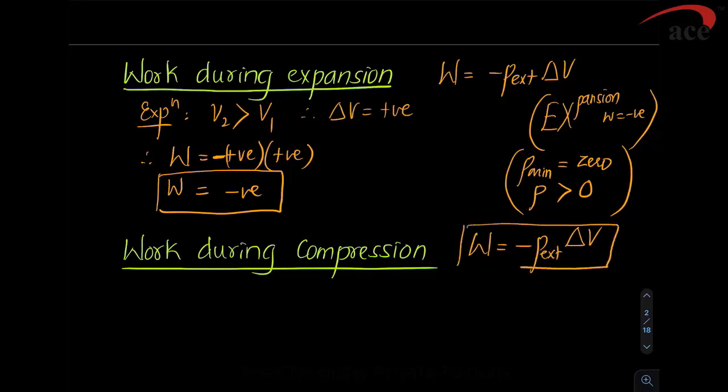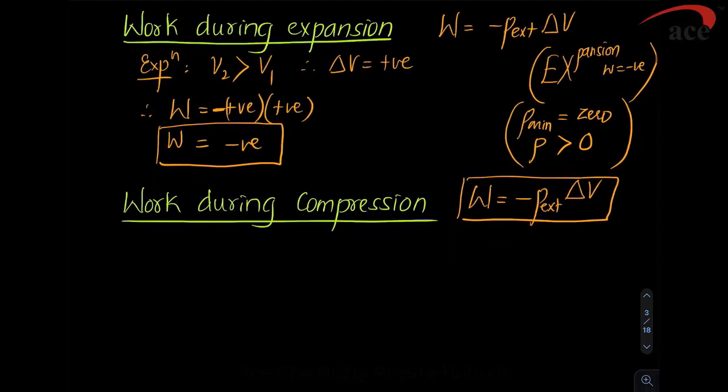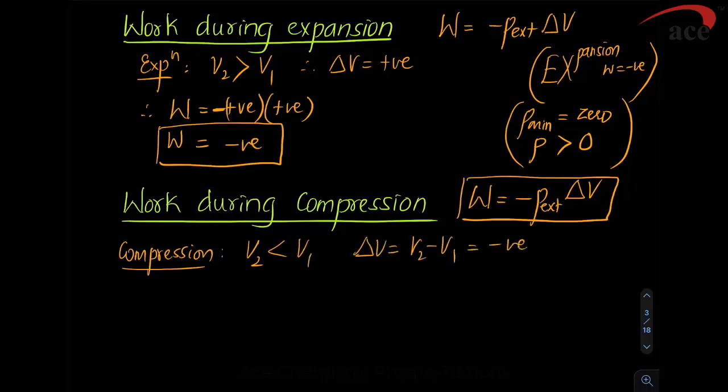Again, for compression, if you apply this formula, final volume will be less than initial volume. So, change in volume, which is V2 minus V1, will be negative. So, if you put work as minus pressure times delta V, pressure is always positive and delta V in compression is negative, so the answer will come out to be positive.